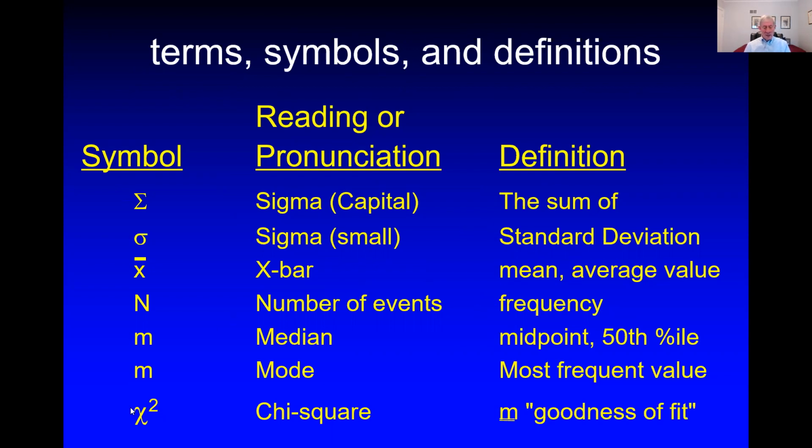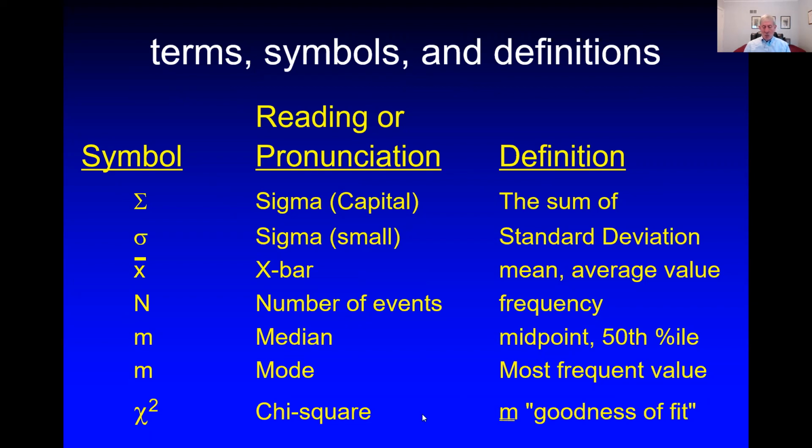And very finally, the chi-squared value is actually a dimensionless number. It has no units going to it. I'll show you later at the end how we might calculate that, but it's pronounced chi-squared. They like to say it's a measure of the goodness of fit. How well do your measured values and the standard values correlate with each other?